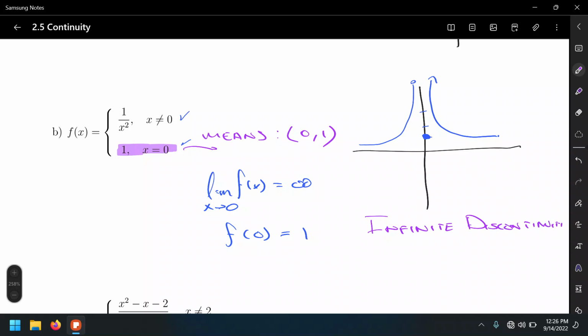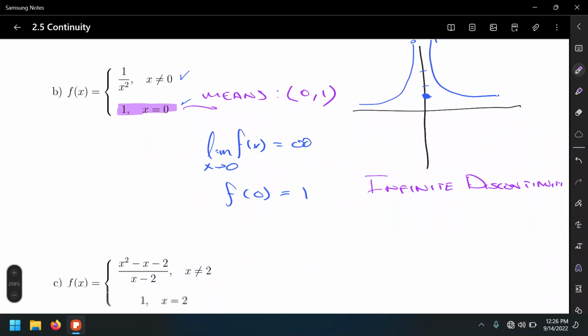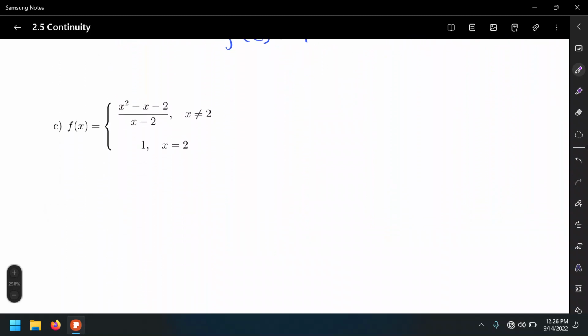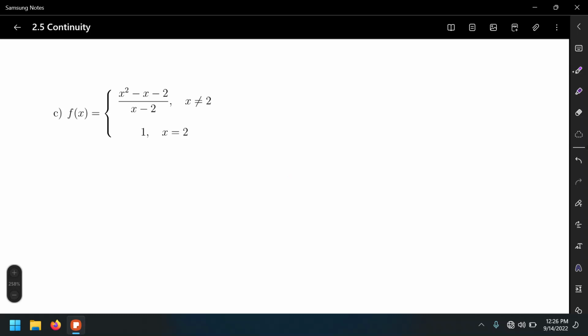Okay, let's do one more. And this is going to take us back to the same example in part A, x squared minus x minus 2 over x minus 2. I'm not going to do the whole work of factoring and reducing. I'm just going to use the result from part A, and I'm going to draw the graph of that. After simplifying, we got y equals x plus 1, right?